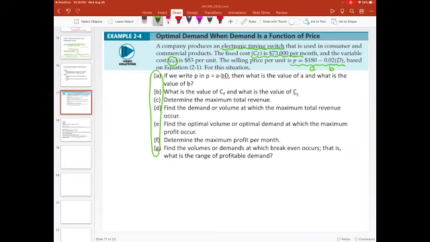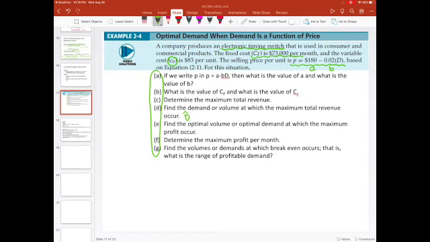Then what is the value of A and what is the value of B? Question number 2, what is the value of C_F and what is the value of C lowercase v? And question C, determine the maximum total revenue, okay? And question D, find the demand or volume at which the maximum total revenue occurs. That's the D hat.